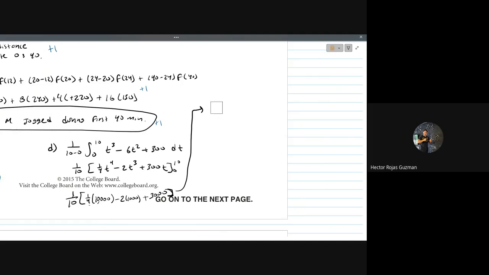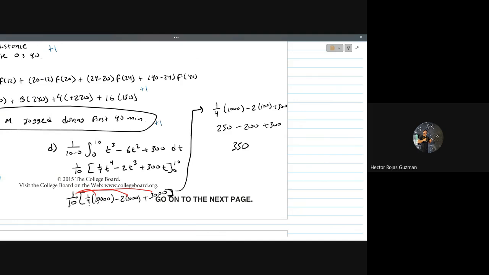Let me distribute that 1 over 10 because the numbers are kind of nice. If I distribute the 1 over 10, I get 1,000 minus 2 times 100 plus 300. 1,000 divided by 4. So that should give us 350.